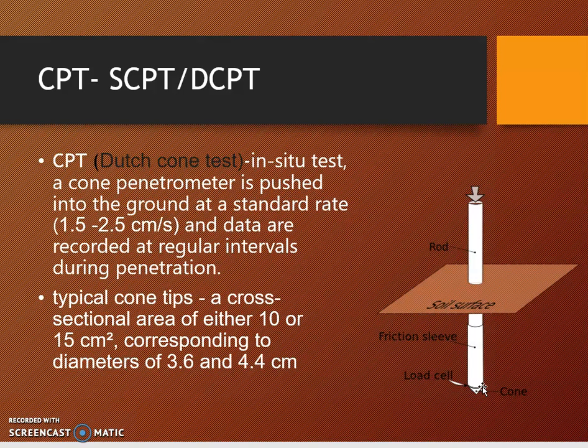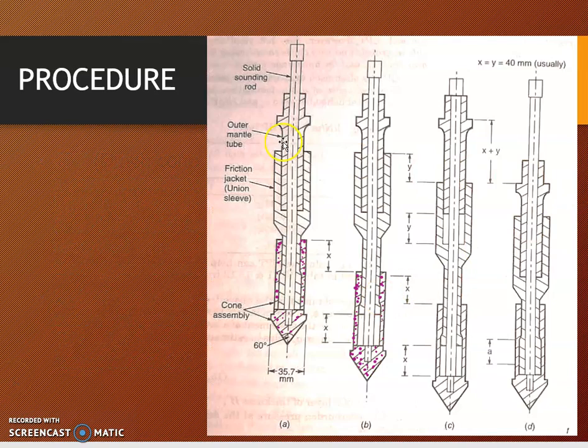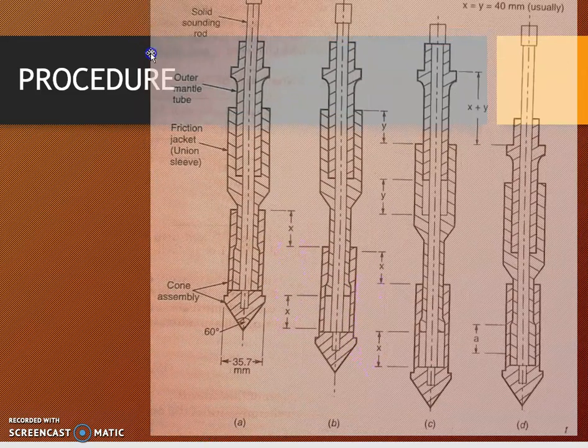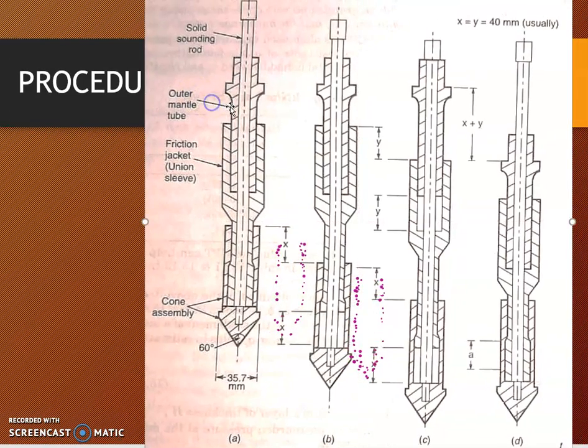It will consist of a solid sounding rod. I'll try to get a figure. So there is a solid sounding rod here, and an outer mantle tube will be there. I hope this is visible. If it's not, then I'll make it full screen. The outer mantle tube is there. Then there is a friction jacket and a cone assembly.